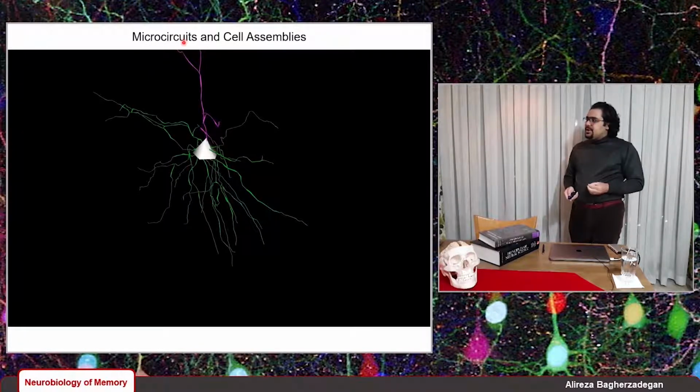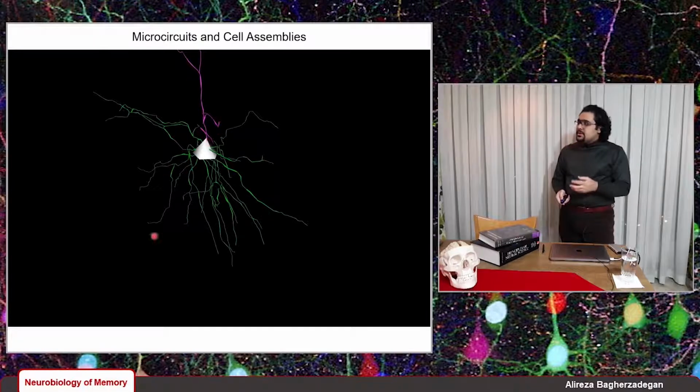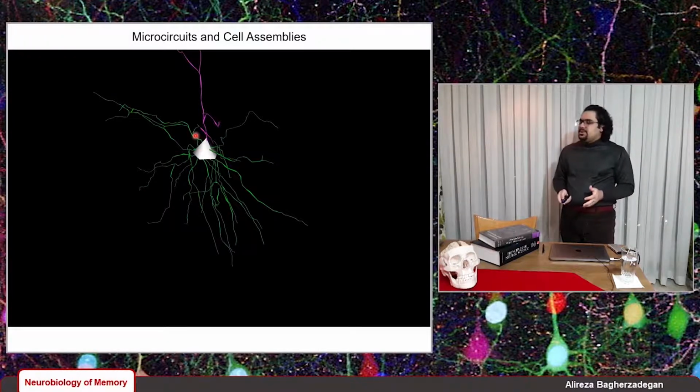And now there's a movie, and here I want to show you why I think single cell assemblies are parts of microcircuits. Here we are going to see, I think, a computational model of a synthetic microcircuit, or an in silico microcircuit, which is composed of only principal neurons, or pyramidal neurons, and some inhibitory neurons.